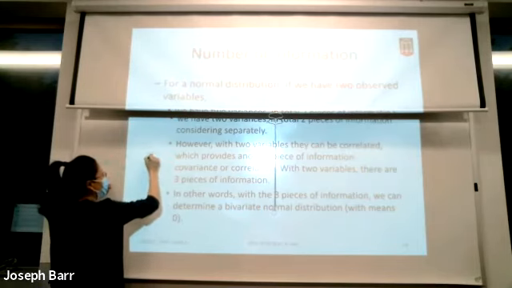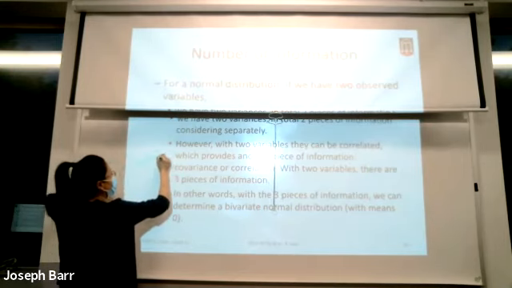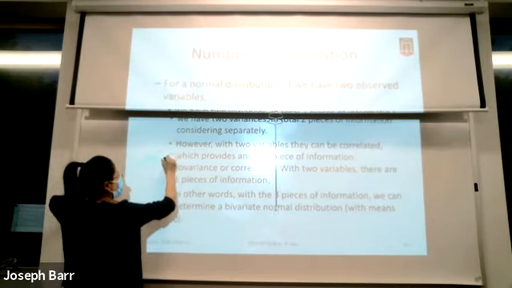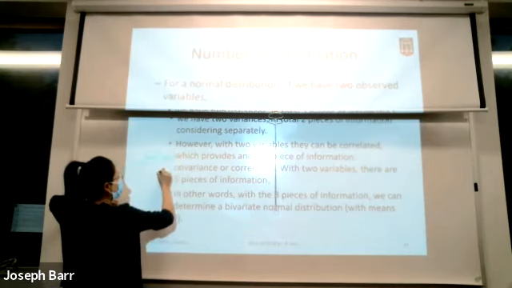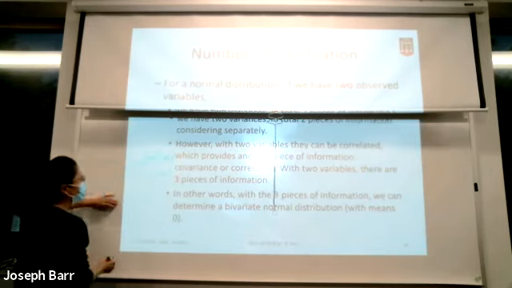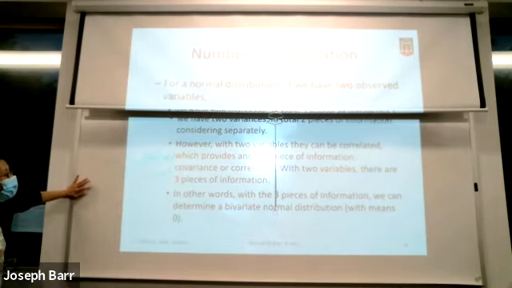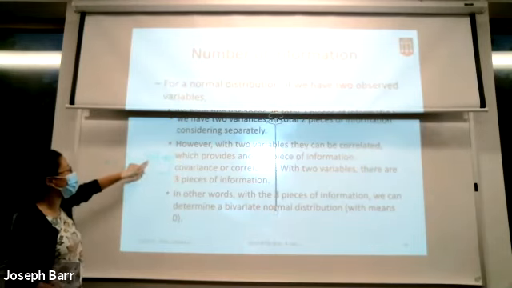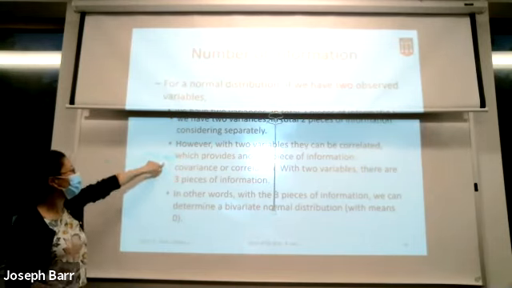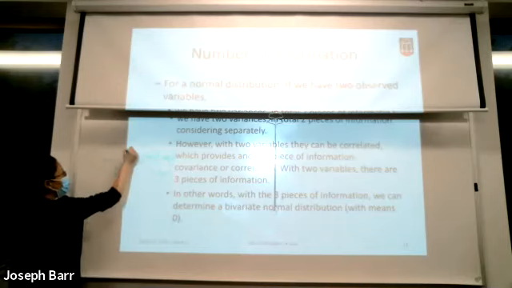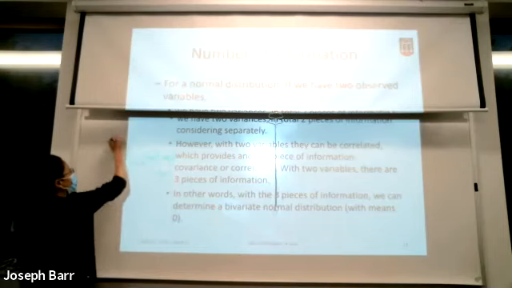This is the variance of x, this is the covariance between x and y, and this is the variance of y. So we need 3 pieces of information: variance of x, variance of y, and covariance between x and y.